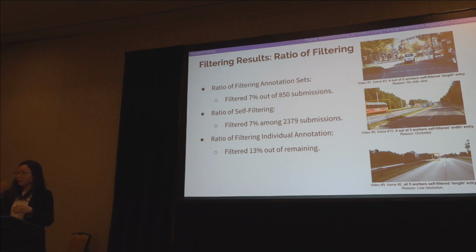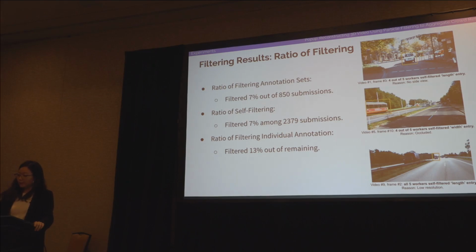And let's first look at the filtering results. For the 3 steps of aggressive filtering, we could filter out from 7% to 13% at each step to get rid of the poor annotations. And what is interesting is the self-filtering result, the image on the right side. For the white van image, which we actually used in our experiment, 4 out of 5 workers self-filtered the length annotation.